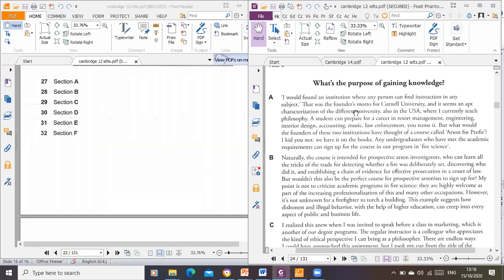Okay. What I'm thinking here is a purpose or something. Yeah, why they founded the university. Okay, so this is a time for me to highlight things now. Bear with me. Okay, so he said any undergraduate who has met the academic requirements can sign up for the course programs in fire science.